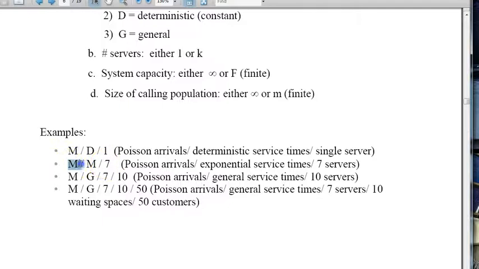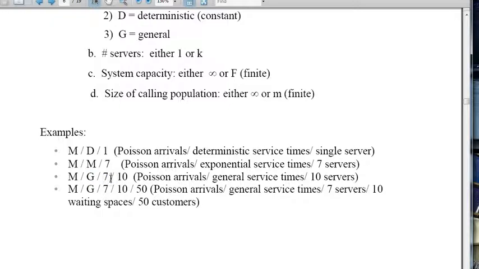MM7 means Poisson arrivals, exponential service times, because they mean the same thing, and 7 servers and infinite waiting space. This one means Poisson arrivals, general service time. I only need the mean and the variance of the service time. In this case, I have 7.